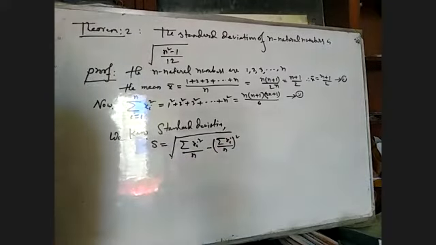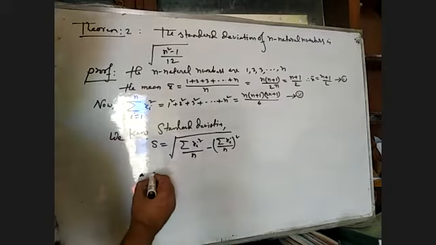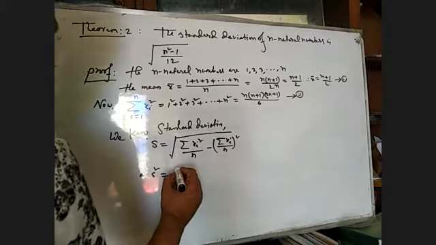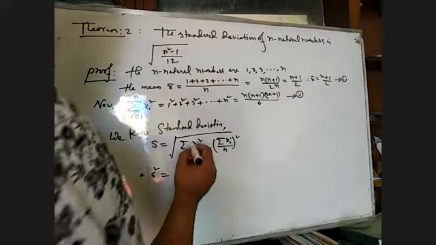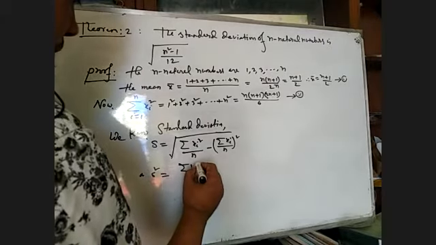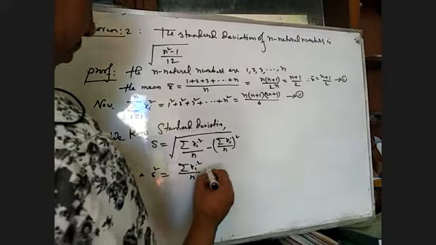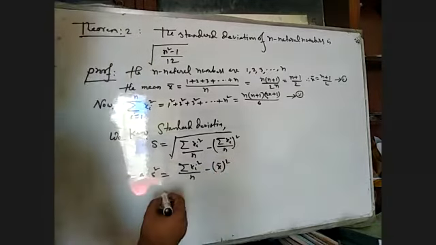This is the formula. That means s square equals to summation xi square divided by n minus x bar whole square. This is the x bar, the mean.